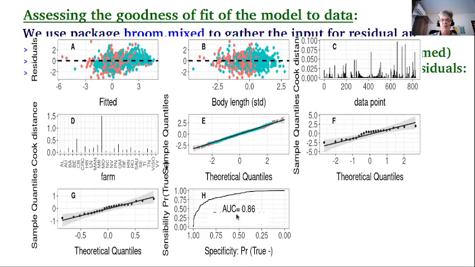Then the AUC, which can be computed both for this type of models and for any GLM with a binary response variable, shows a value of 0.86, indicating that, taking a random set of zeros and ones, this model correctly predicts 86% of the observed presences or absences of parasitism. All in all, this analysis shows that the model has a very good fit to the data.